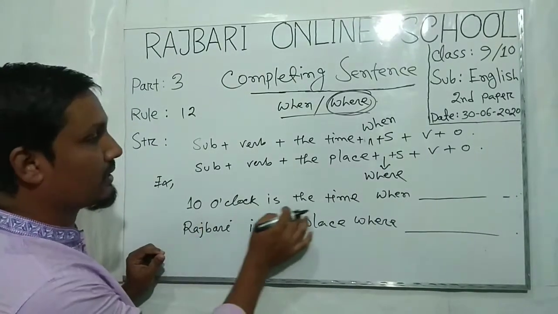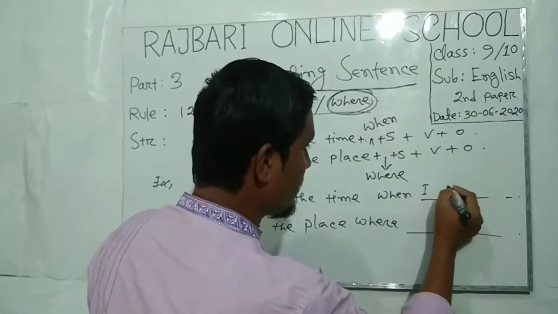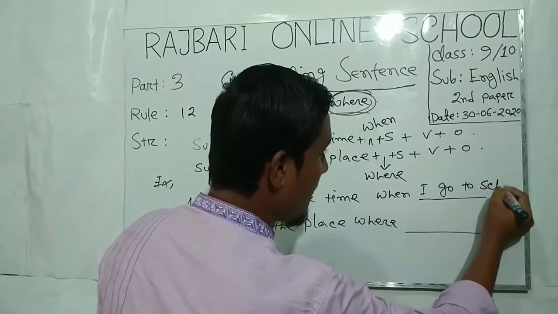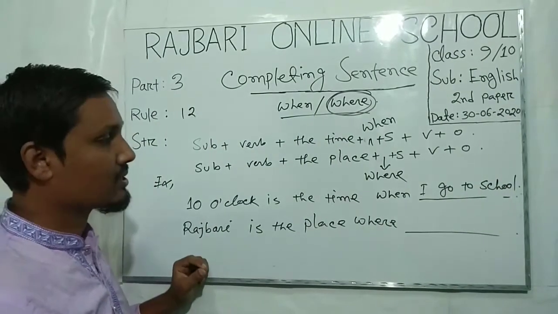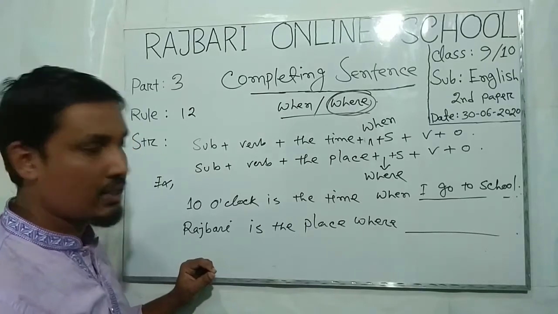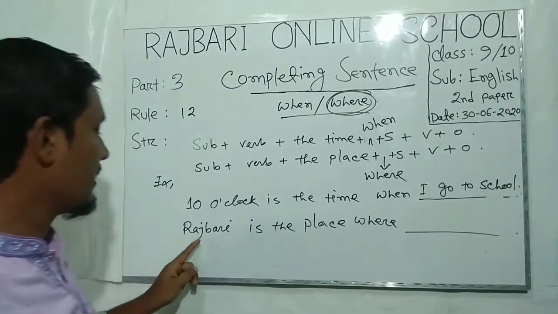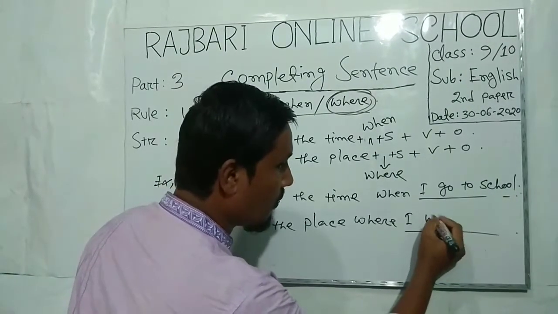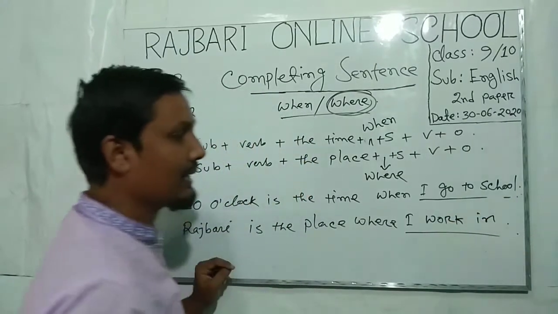Okay, let's start to complete the sentence. 10 o'clock is the time when I go to school. Okay, my dear student, 10 o'clock is the time when I go to school. Raspberry is the place where I work in.